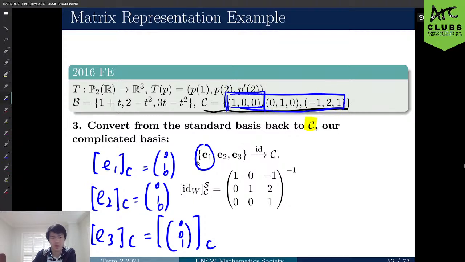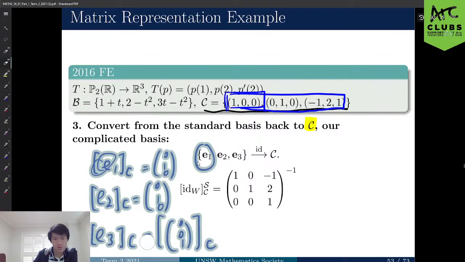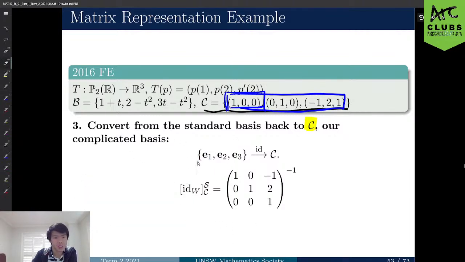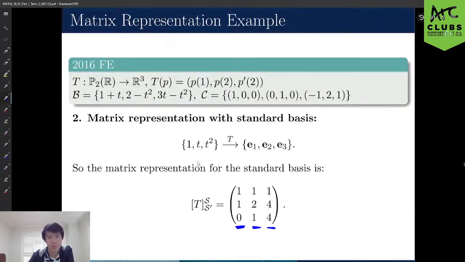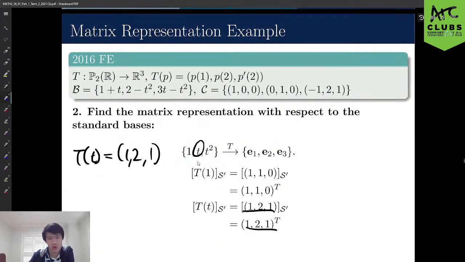So instead of doing that, what we do is we say, from before, if we wanted to convert from an annoying basis like B to S, it was just the same thing as putting the coordinate vectors down. That was step 1. So we'll just put the coordinate vectors down.